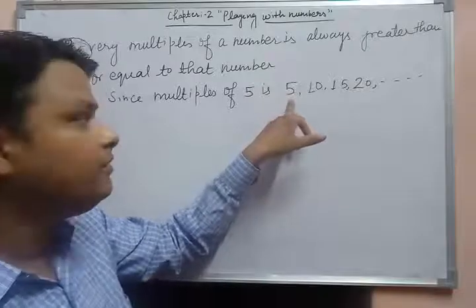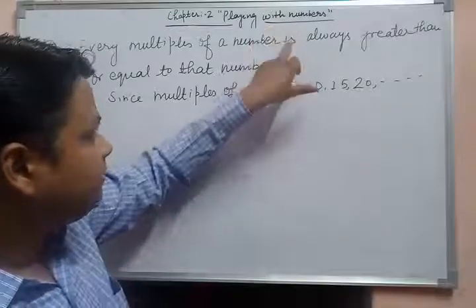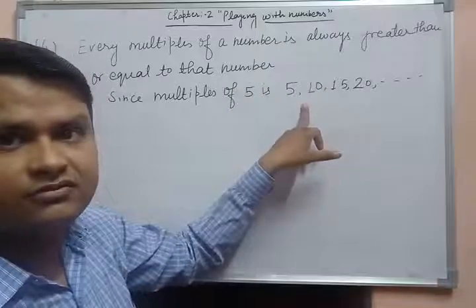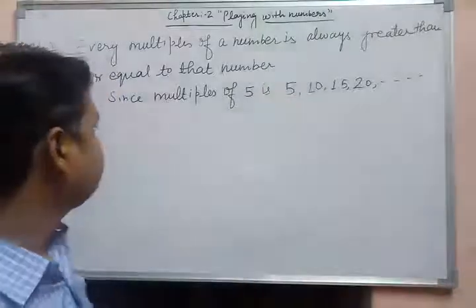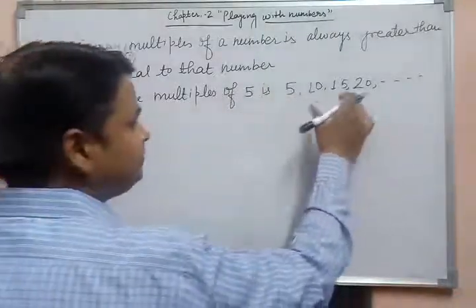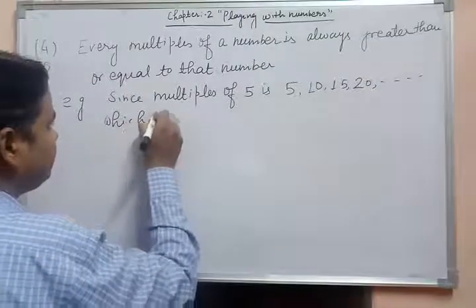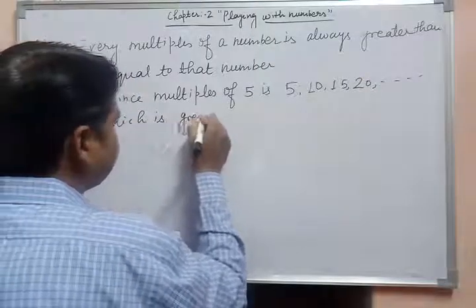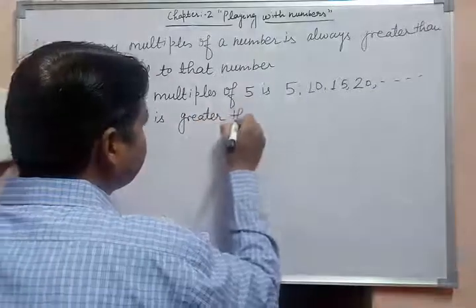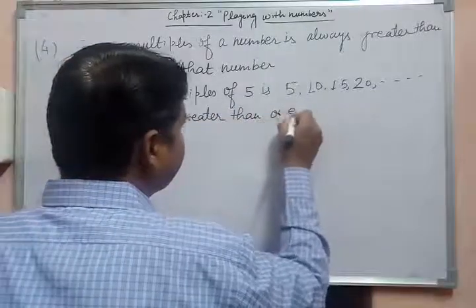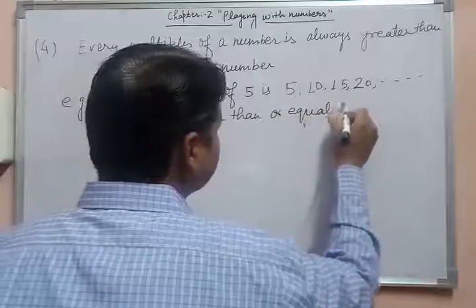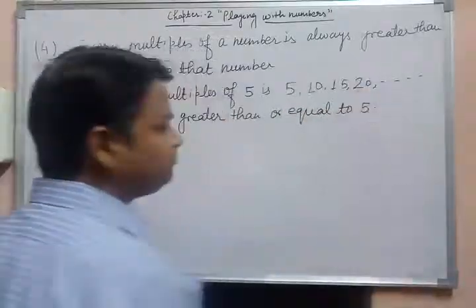So this is the example for understanding the fact. Okay students, so this is the example. Multiples of 5 are 5, 10, 15, 20, which are greater than or equal to 5.